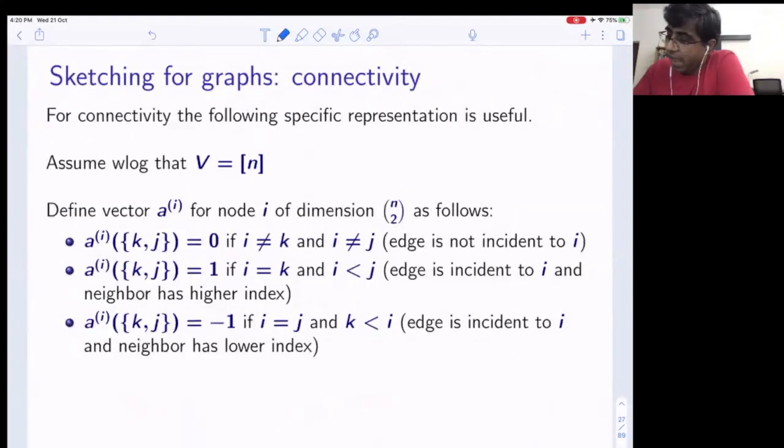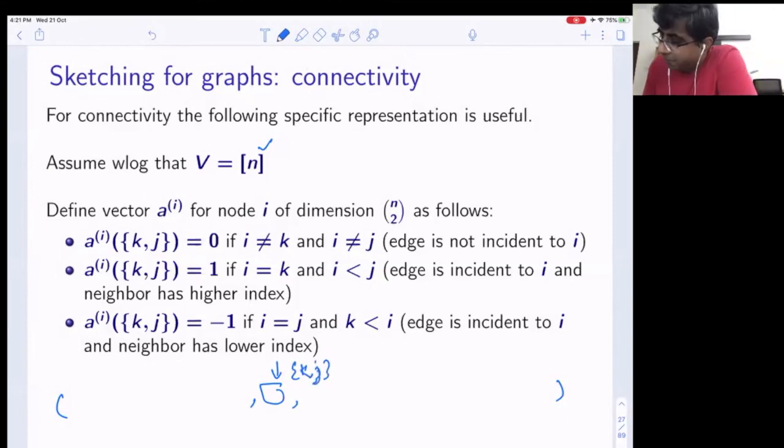We will have the vertex set 1 to n, and we define a vector a^i for node i of dimension n choose 2 as follows. As I told you, each coordinate of this vector is indexed by some pair k, j.